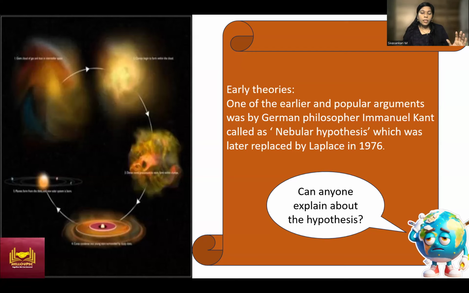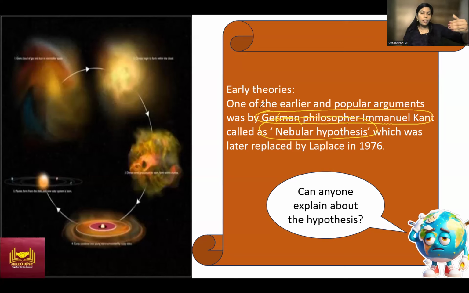So the early theory about the formation of Earth, the most popular one, was the nebular hypothesis. Okay, so this is a hypothesis. This hypothesis was given by the German philosopher Immanuel Kant.